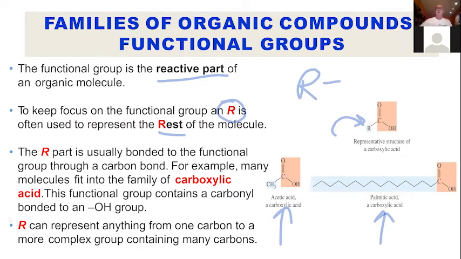But generally it refers to the non-reactive part of the molecule. So as it says down here at the bottom, it can represent anything from 1 carbon to 100 carbons to 12 to a ring to basically anything that isn't the reactive part of the molecule.